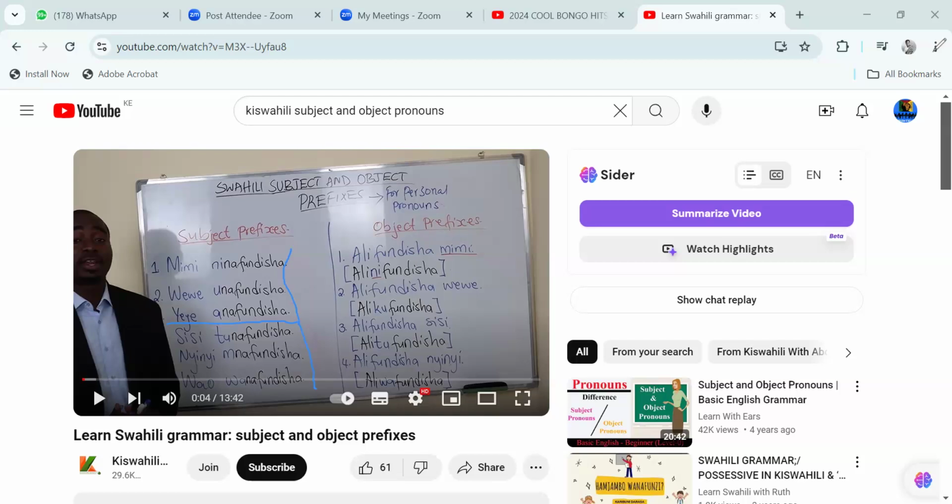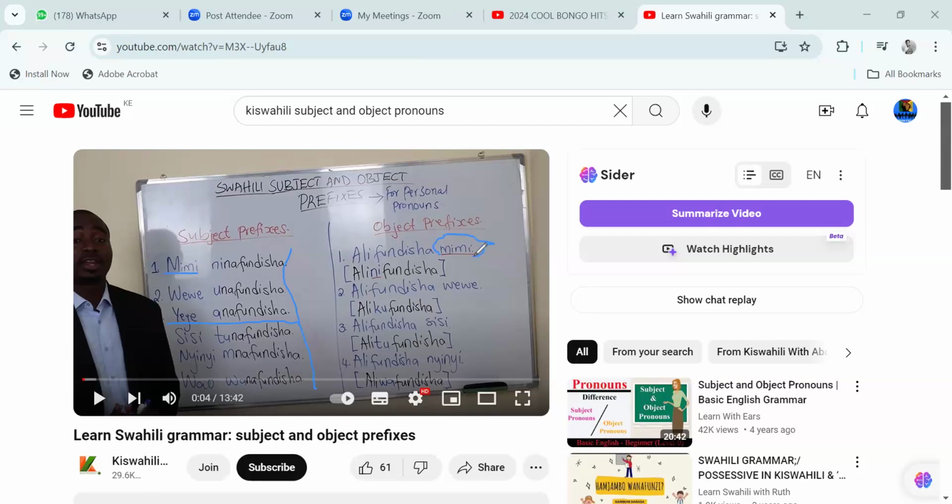So it becomes object by changing the position of the pronoun. For example, in the word mimi, the pronoun here is mimi. You see, in the subject part. In the object part, you see the pronoun has been moved to the last section. It becomes the last word.